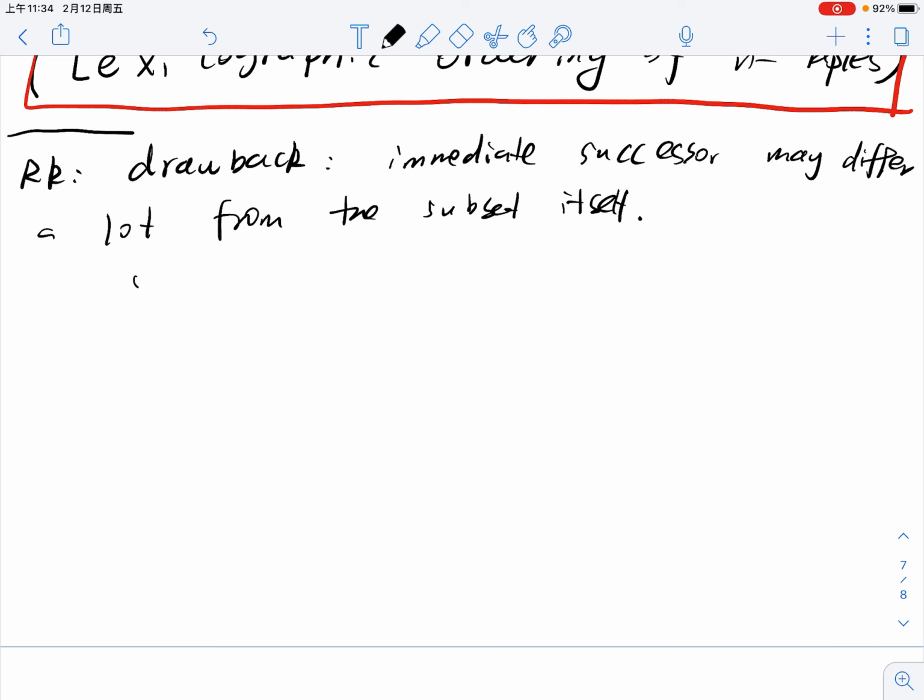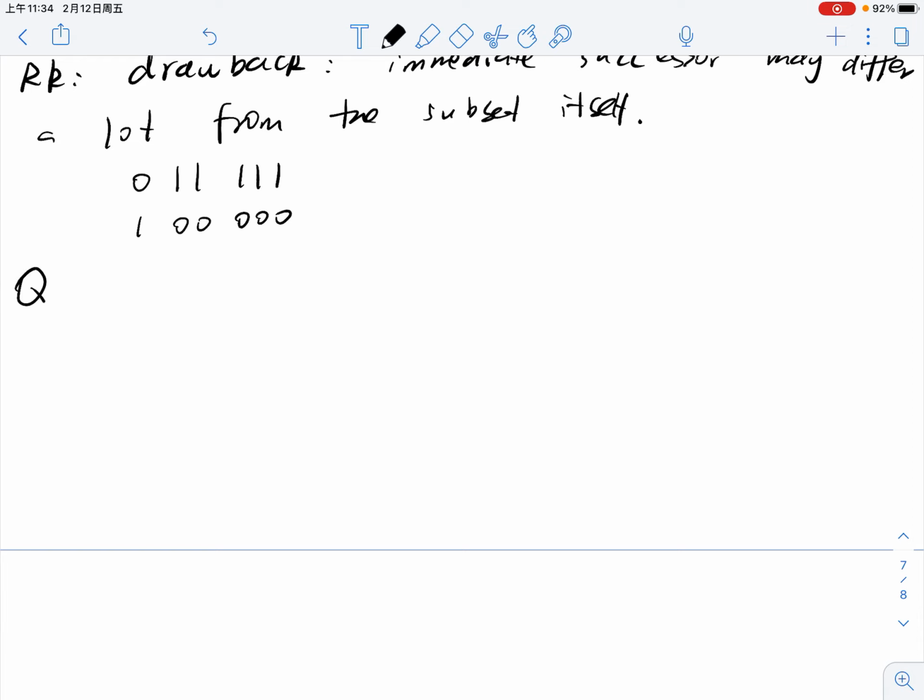Just think, if you have 0, 1, 1, 1, 1, 1, then the next one will be 1, 0, 0, 0, 0, 0. So they differ in all elements. This is not so satisfactory because when you do searching or whatever, you want the data close to each other in some natural way.